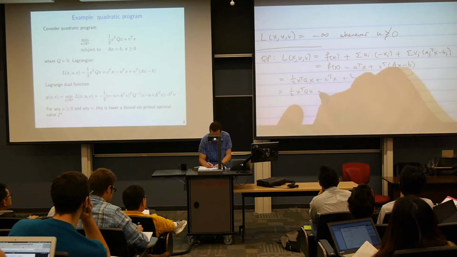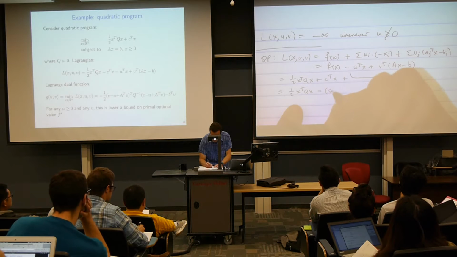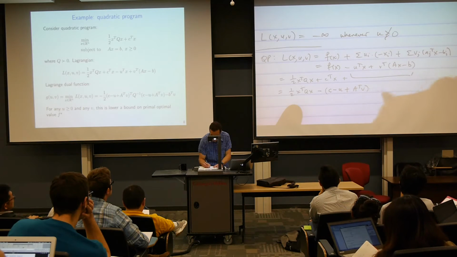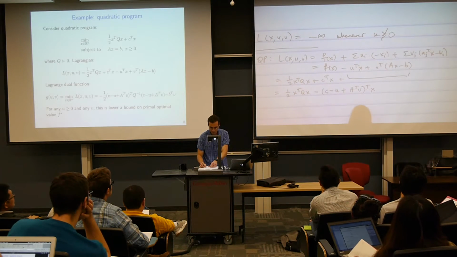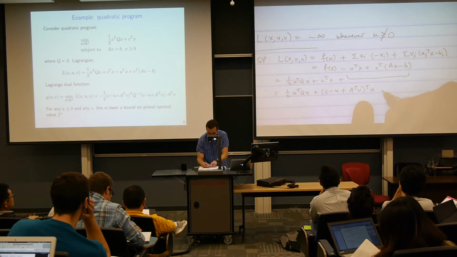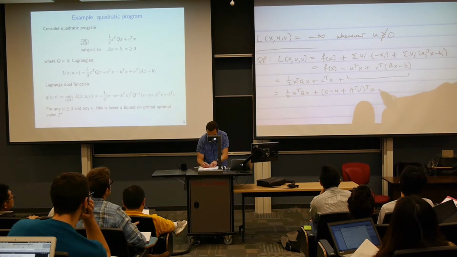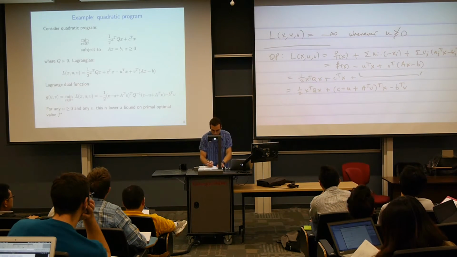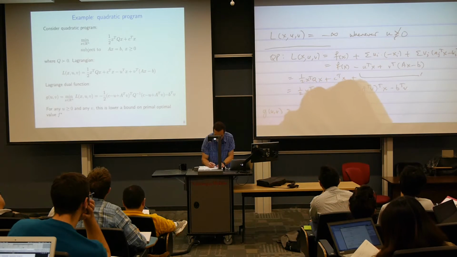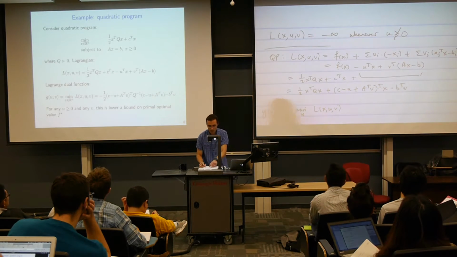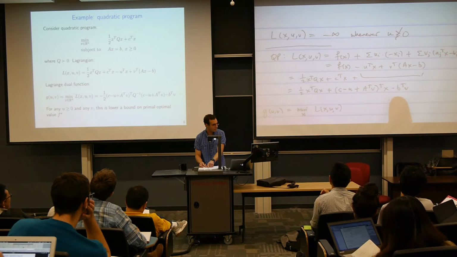I guess it's convenient to write this as (c minus u plus A transpose v) transpose x. Sorry, oh, this is a plus, right? And then everything else that's left over, which is just minus b transpose v, I suppose. And now our task in forming the Lagrange dual function, which is g of u, v, the minimum over all x of L(x, u, v), is just to minimize this quadratic as a function of x.